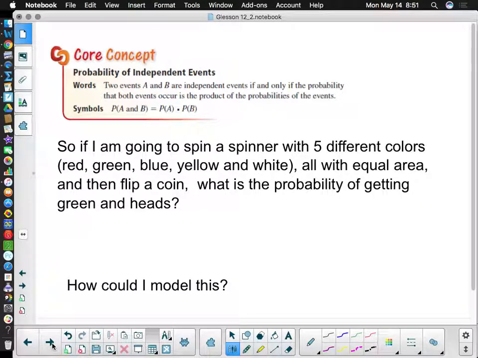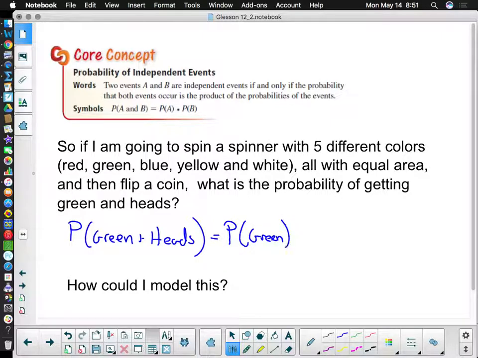According to my formula, we always use very descriptive notation in probability to say exactly what we're going to get. This is how we notate it: P of green and heads equals P of green times P of heads, because they are independent events.